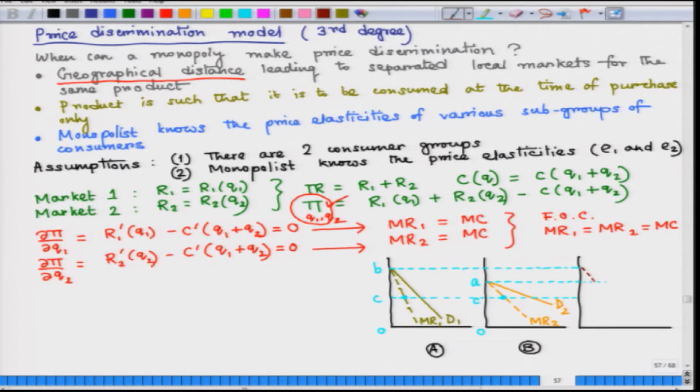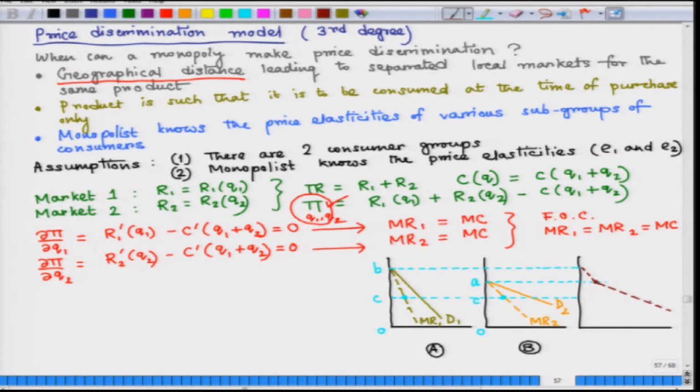So, there will be a kink here at this price OA, and thereafter the marginal revenue becomes a much flatter curve, because after that point it is basically the sum of the marginal revenue curves in market 1 and market 2.